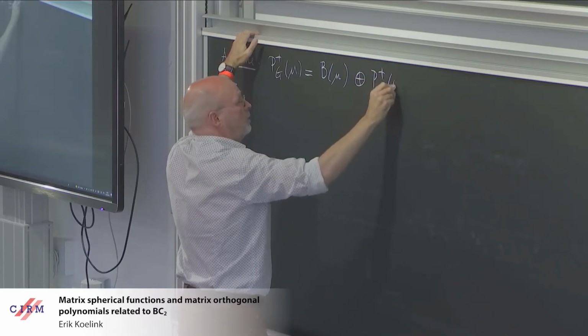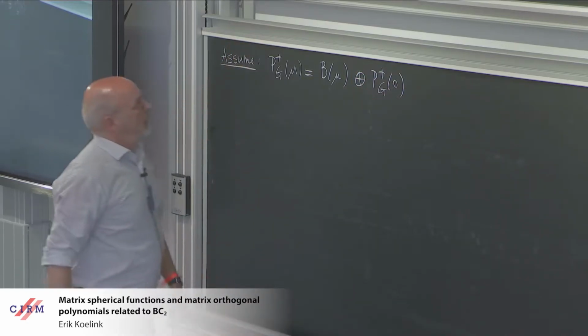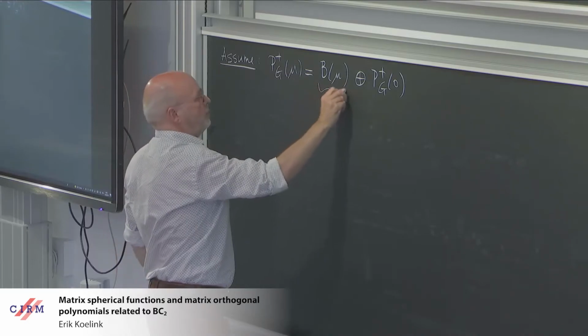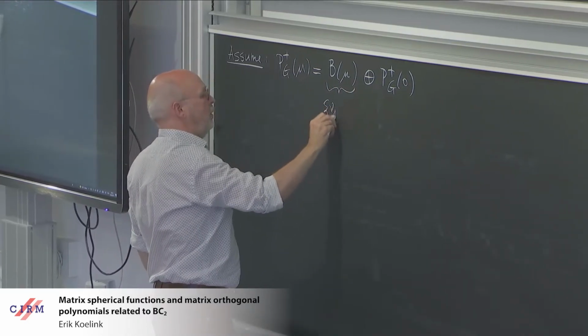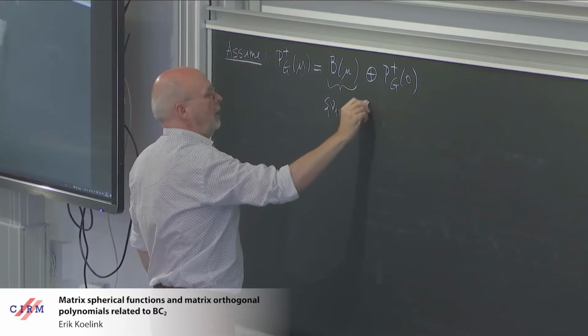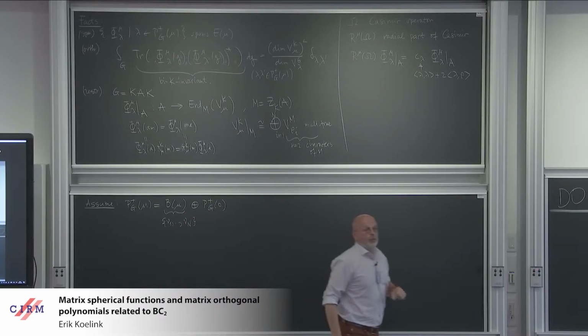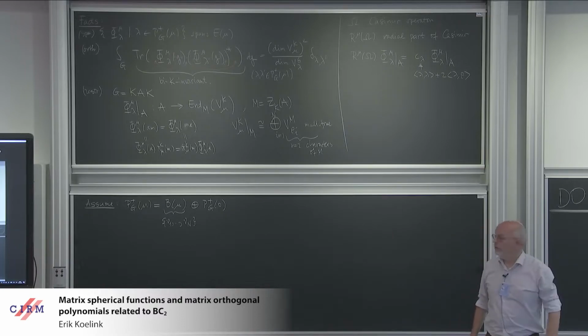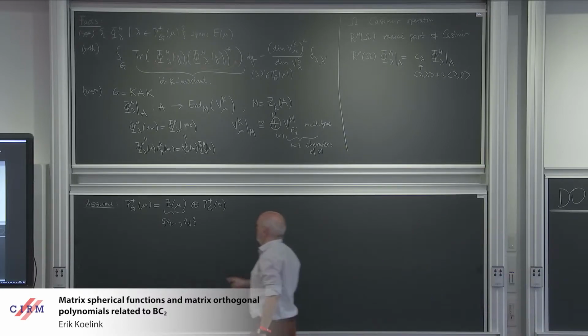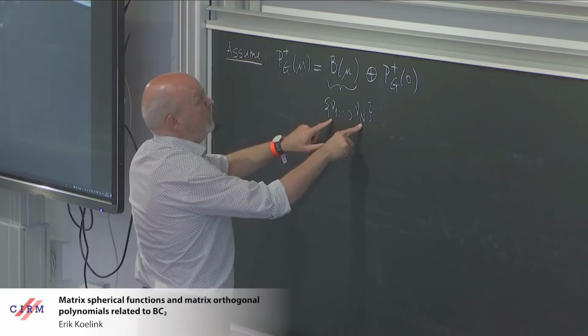So I'll assume that there is a finite set, let's say nu 1 up to nu n. And actually I want this n to be the same n as the number of M representations in this restriction to K.